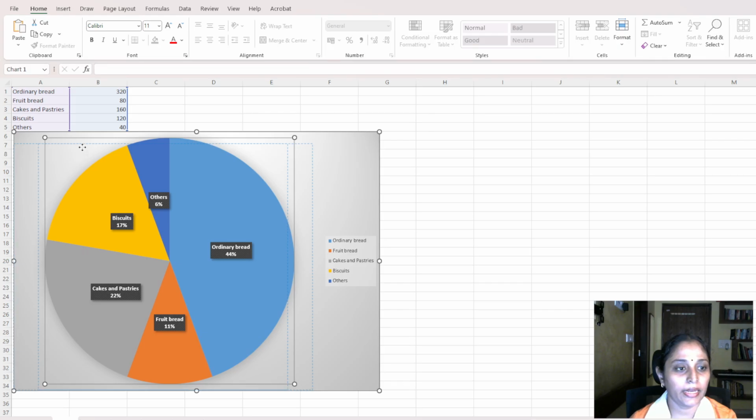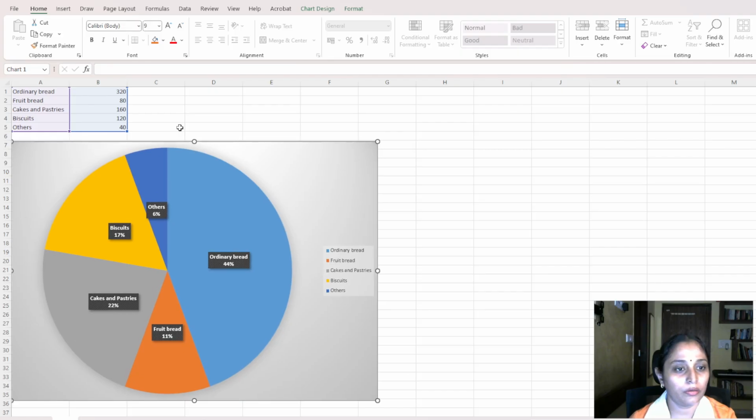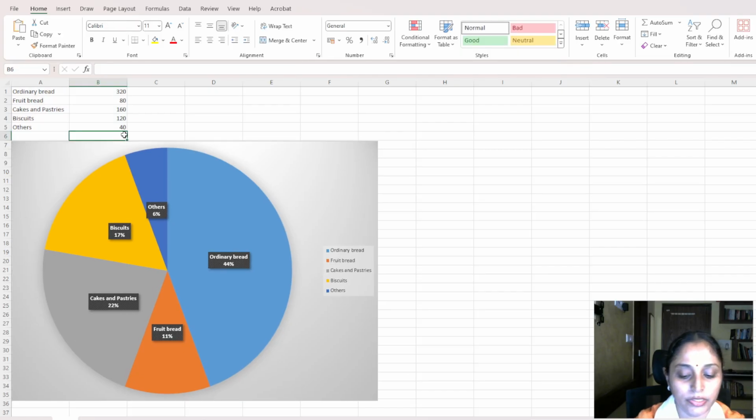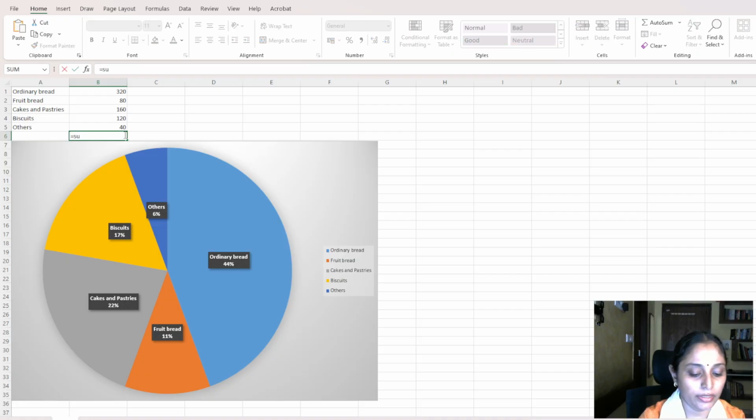Let us quickly calculate the degree, because we need that in order to solve this question in the exam. You need the degree, right? So I need the total first. The next column is going to be the fraction.